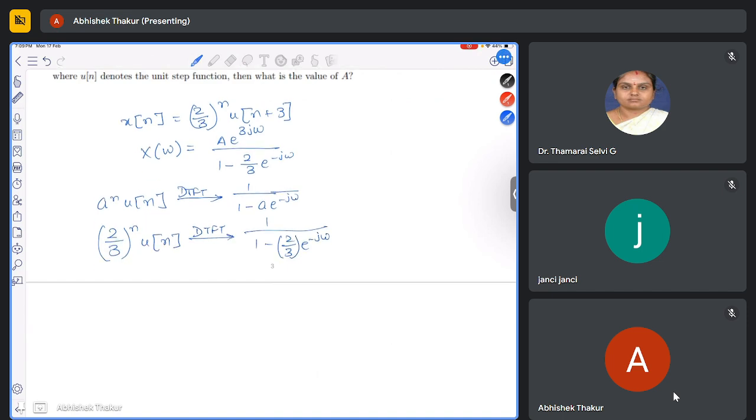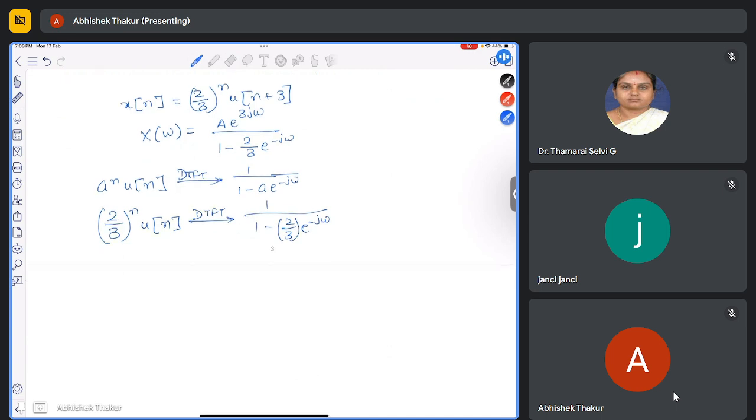Now we will substitute n with n plus 3, so we get (2/3)^(n+3) u[n+3].